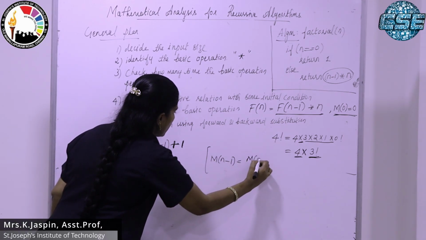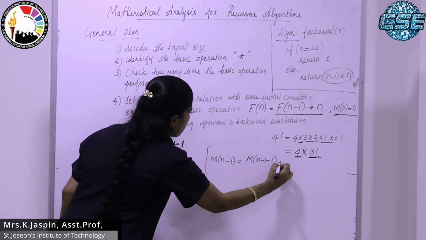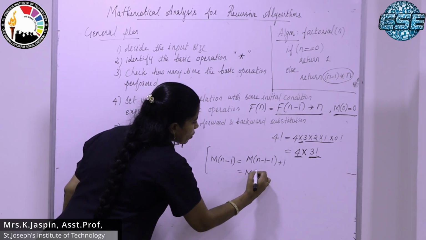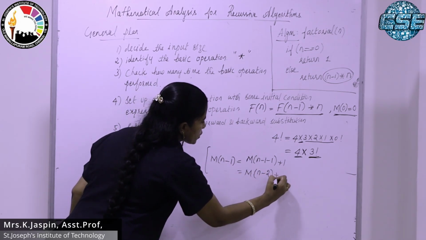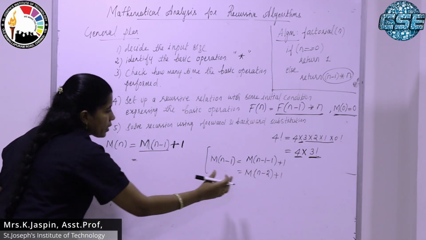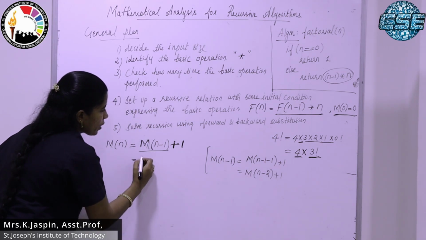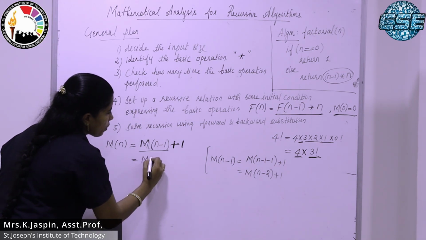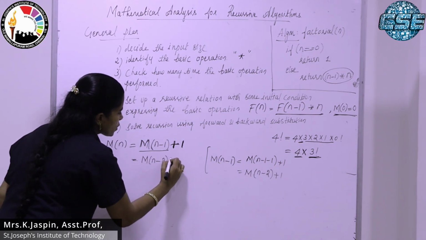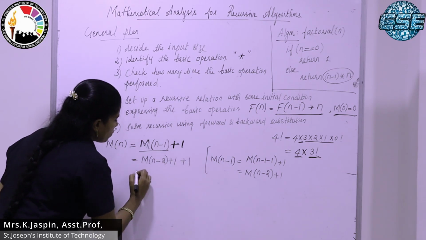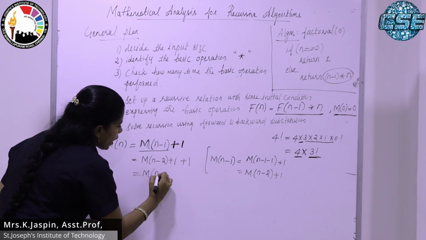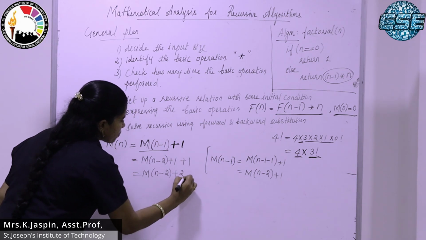So m of n is equal to m of n minus 1 minus 1 plus 1, so m of n minus 2 plus 1. Applying the value in this recursive relation, m of n minus 2 plus 1 plus 1. So the answer is m of n minus 2 plus 2.